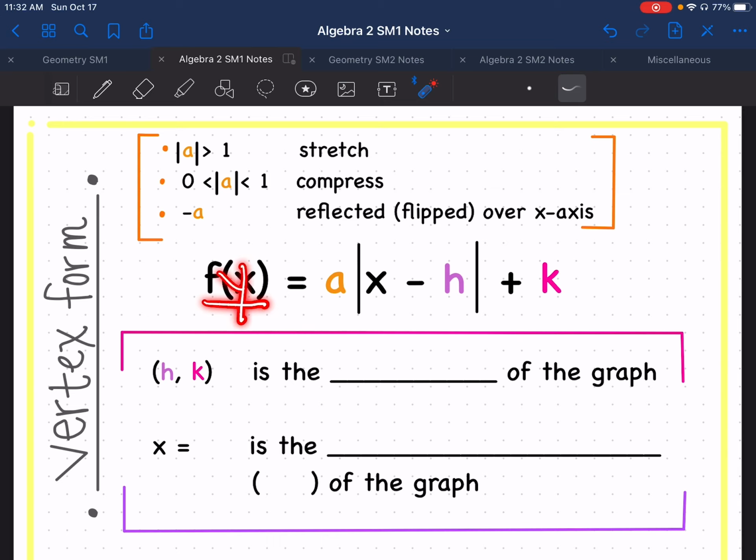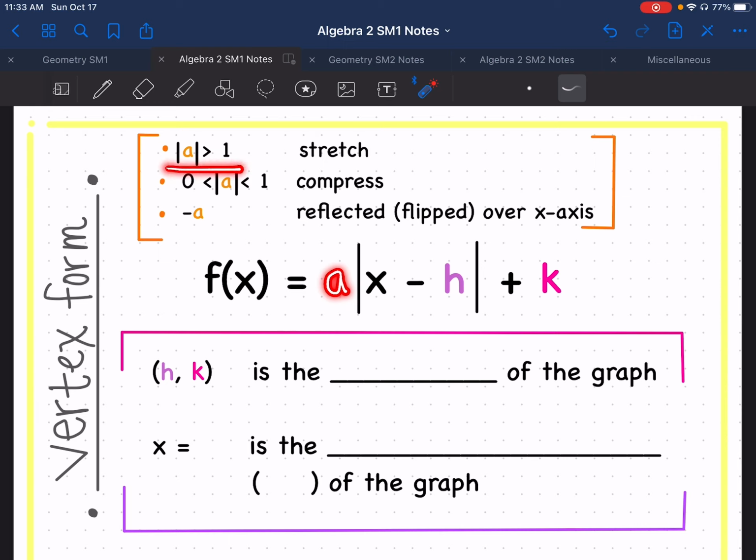This is your y. You have to have this to have a function. X, remember, is the other part that you have to have for a function. This is your parent right here. The A, the H, and the K are going to tell me different things about what my graph is doing before I even graph it. So my A value right here.